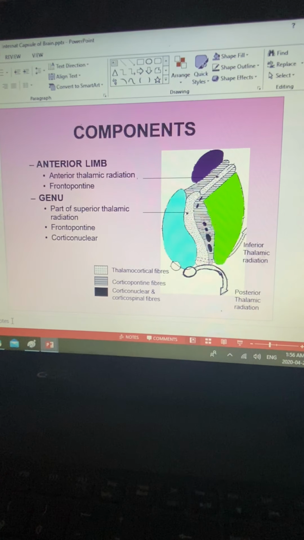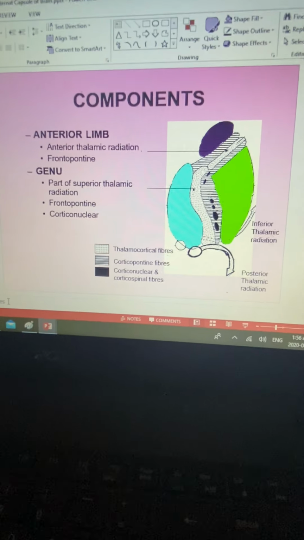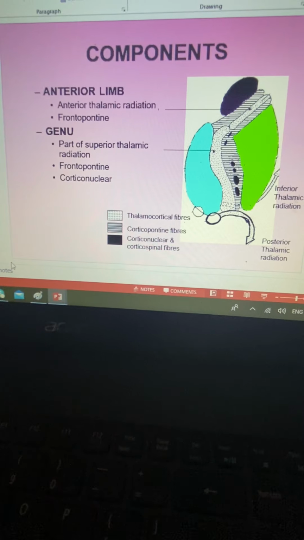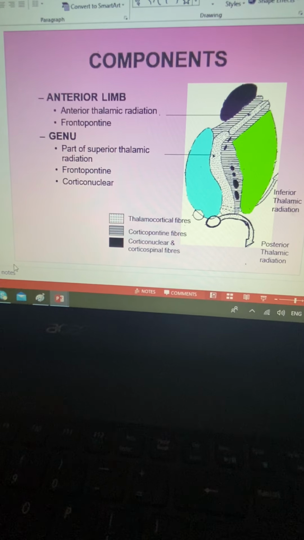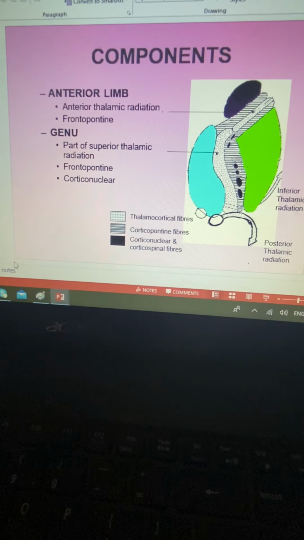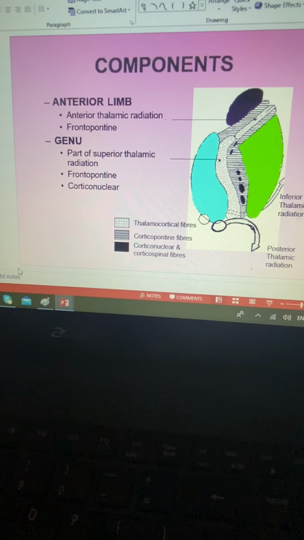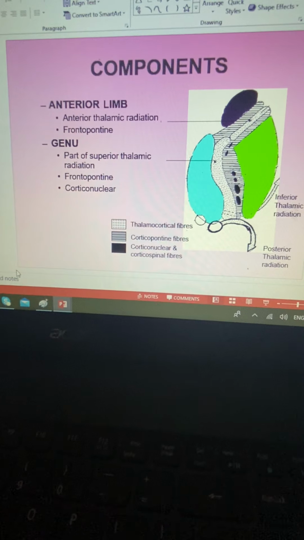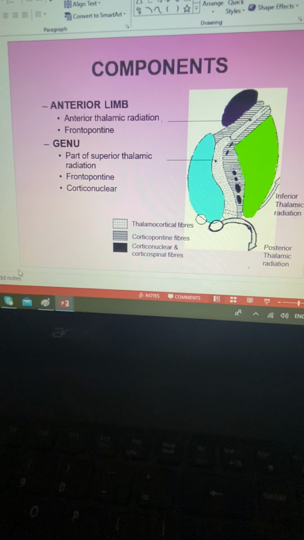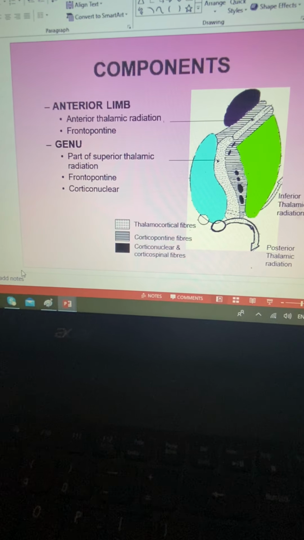So again, the components of the internal capsule, showing you the anterior limb and the specific tracts occupying their specific rooms, or specific locations, in the internal capsule. They cannot change their location, right?